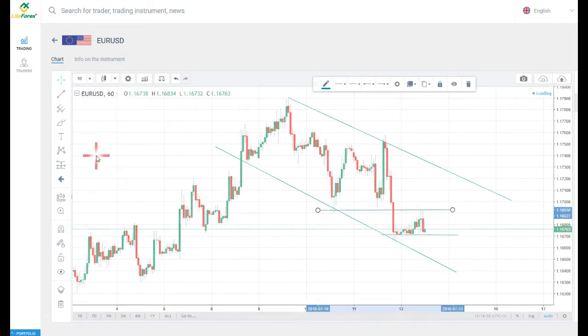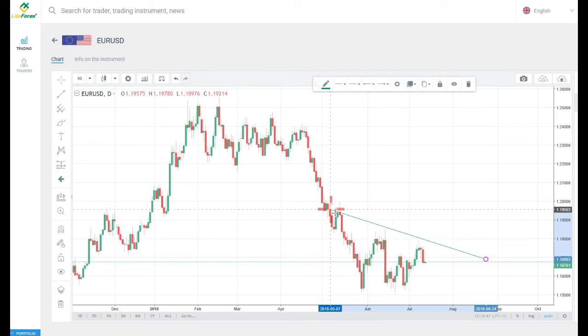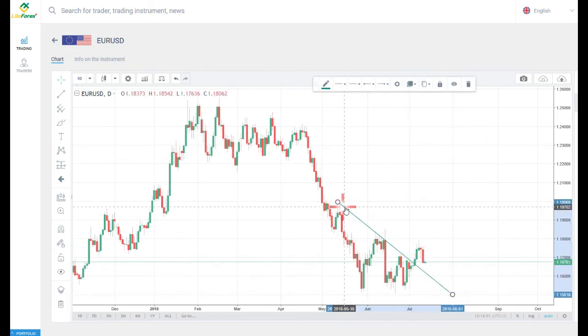And if we go back to the bigger picture again, to the daily charts, if we draw our trend line in a different way, connecting this top like this, so this point, and then here, we can see that it's possible that price does indeed come down all the way here and then from there bounces.